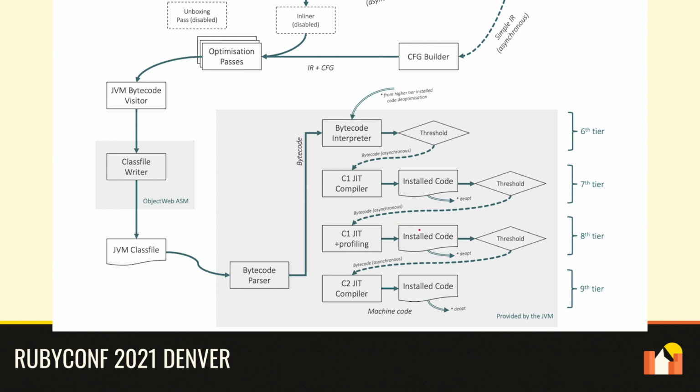That generates machine code. Then if that's called enough times, it gets compiled again, and it goes into the C2 JIT compiler. This is the top tier of compilation, which generates machine code. And at any point, if it decides it's got something wrong, it can de-optimize out and come back into the bytecode interpreter. And this all adds up to JRuby having up to 9 tiers of compilation to optimize your Ruby code as effectively as possible.